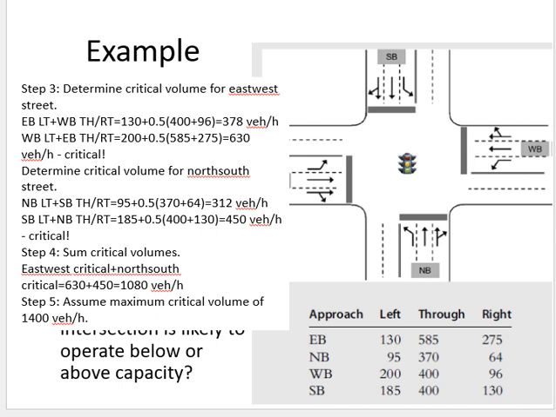Now for this one, left turning from eastbound, the volumes are given here. Eastbound left turning 130. This is westbound through and right: through is 400 and right is 96.